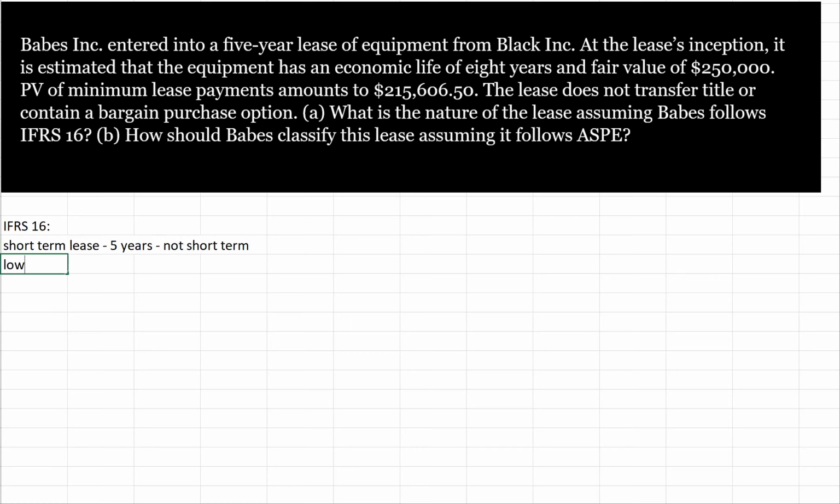And if it is of low value, and this is definitely not of low value, it's 215K, so no, not low value. Therefore, this is a right of use asset. Okay, so IFRS 16 criteria is relatively simple. What about ASPE?